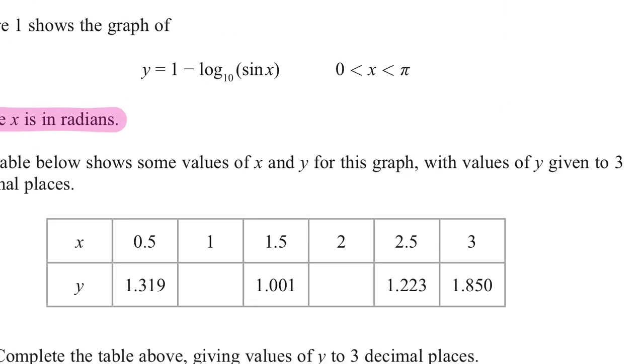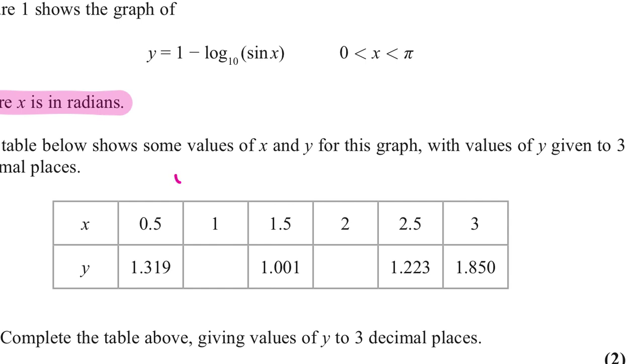Complete the table. Okay, so I'm literally going to put into my calculator y equals 1 minus log to the base 10, which is already the standard log in some calculators, sine of bracket. Now inside this bracket I'm going to put 2 numbers, 1 and then 2, to see what I get.